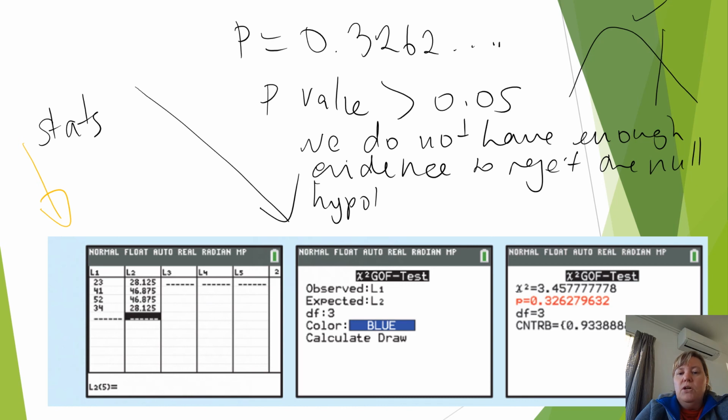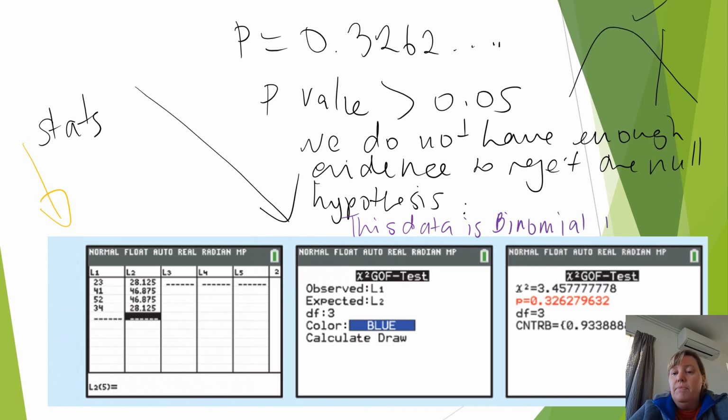So therefore, the final conclusion is that this data is binomially distributed with parameters of 5 and 0.5.